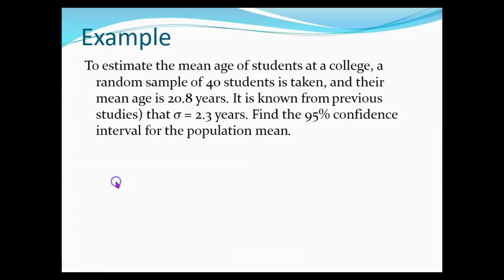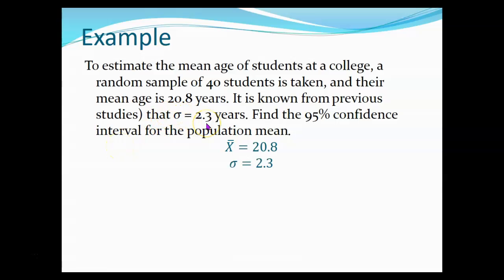Let's try another example. To estimate the mean age of students at a college, a random sample of 40 students is taken, and their mean age is 20.8 years. It is known from previous studies that sigma equals 2.3 years. Find the 95% confidence interval for the population mean. So there are four numbers we need. We need x bar, the sample mean, and that is 20.8.